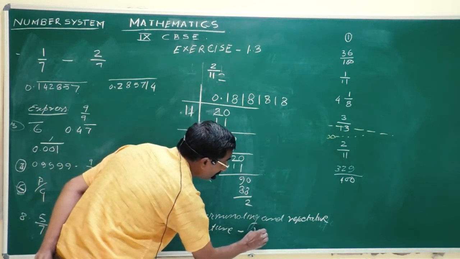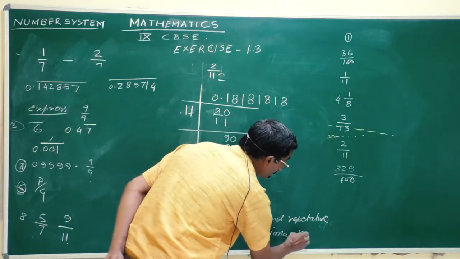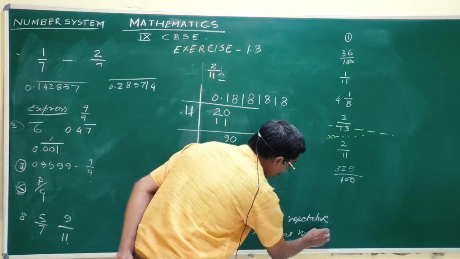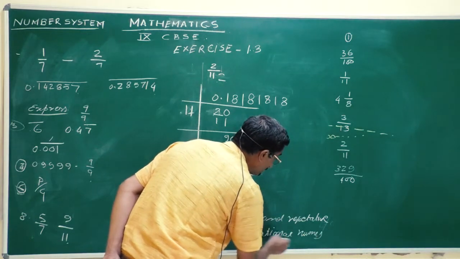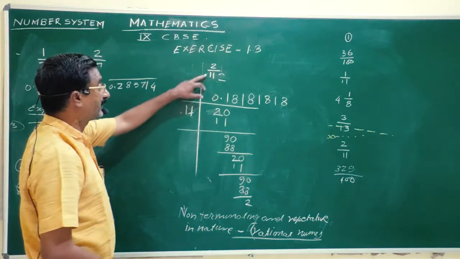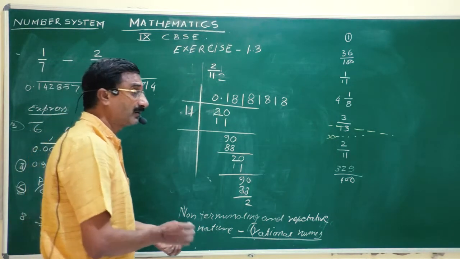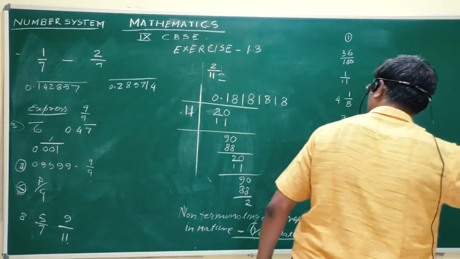So it is a rational number. It is a rational number because that's why we are finding out the nature. Since it is a rational number, we can find out whether it is repetitive or non-repetitive in nature.